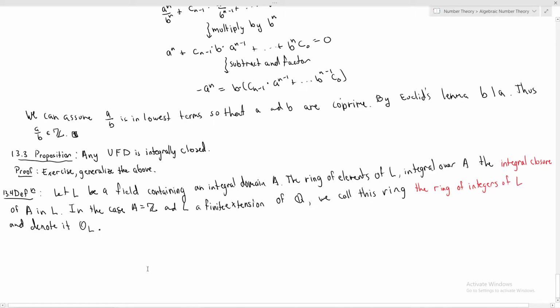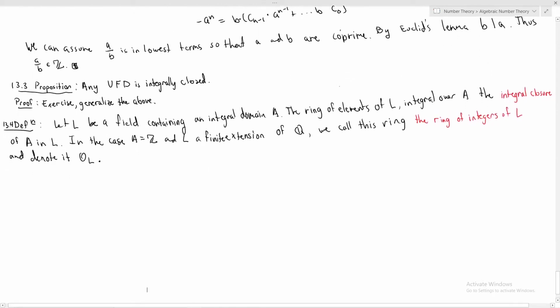Okay, so for example, this is 13.5. The simplest example, which we just computed above, is that the ring of integers of, let's say, Q is just equal to Z. I can do this more generally if, for example, you have the field of fractions of a UFD.